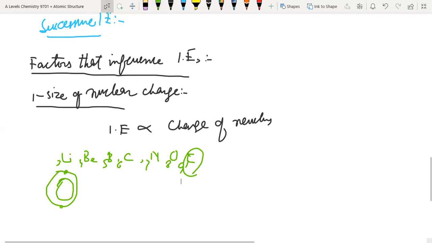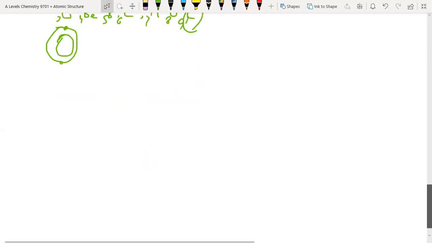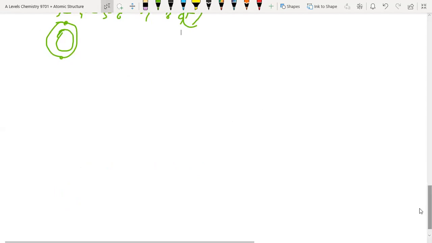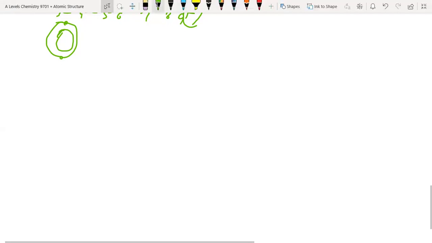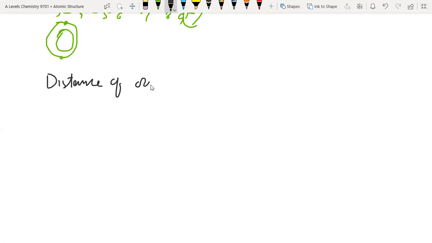The next factor is the distance of outer electrons from the nucleus.